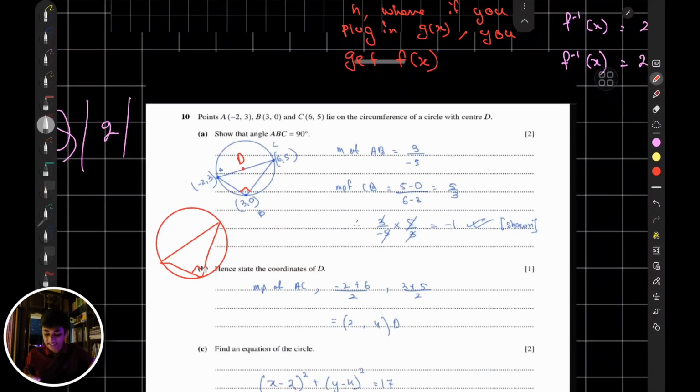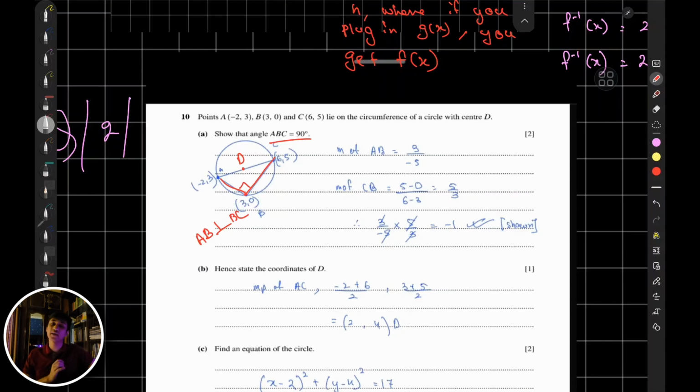The best, easiest way to do this is if AB and BC are perpendicular to each other, then indeed the angle in between is 90 degrees. So they want the proof that ABC is 90 degrees.